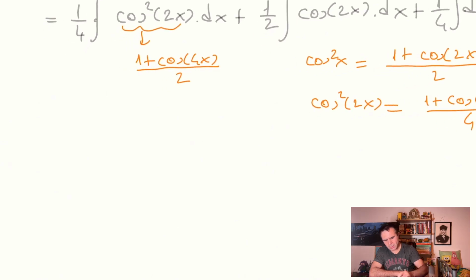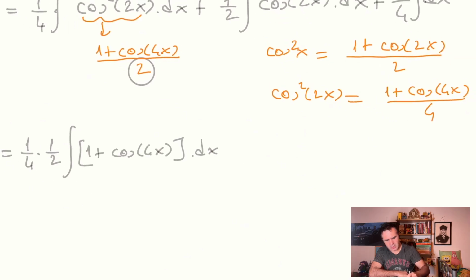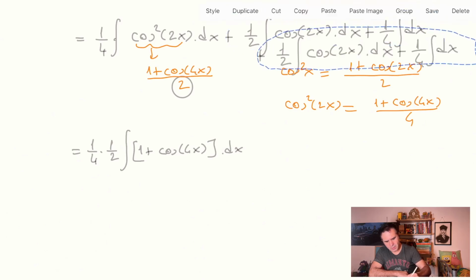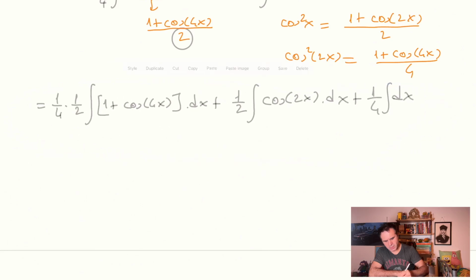Okay, the integral becomes 1 over 4 times, we have here 1 over 2 again, and let's take it outside, 1 over 2 times the integral of (1 plus cosine 4x) dx. And let's take the other part below. These are the same. Then 1 over 4 times 1 over 2 is 1 over 8.